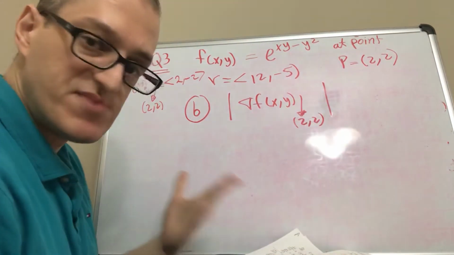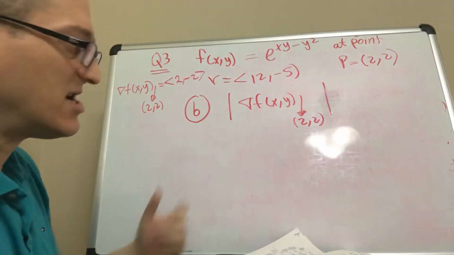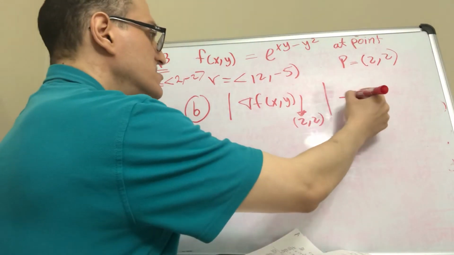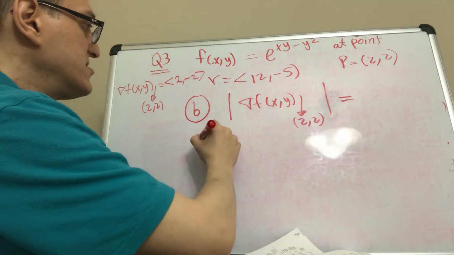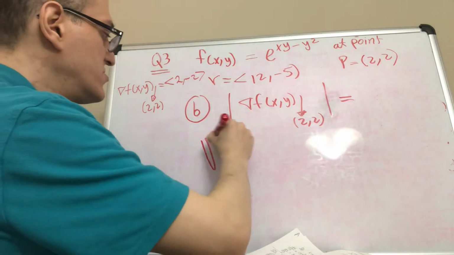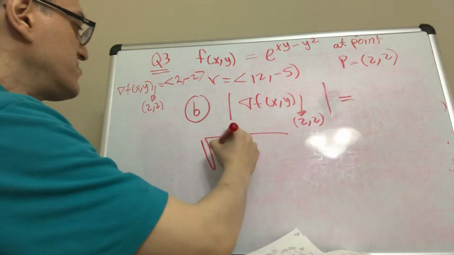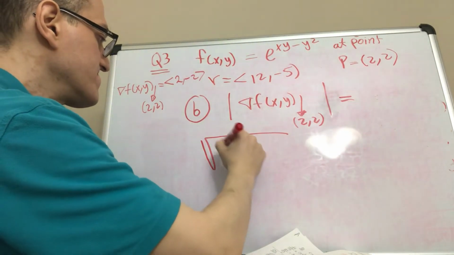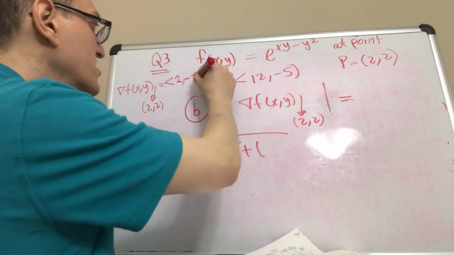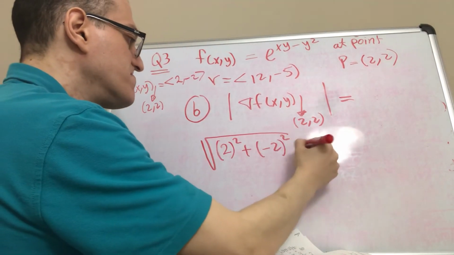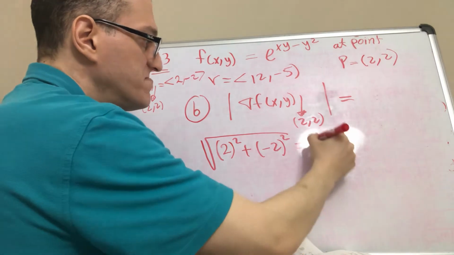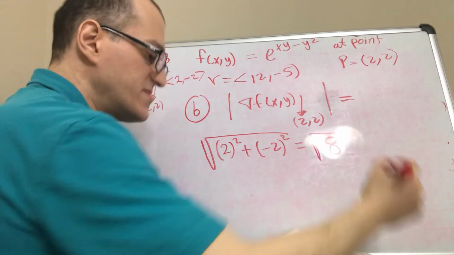And if they want the minimum, it's minus the absolute. So the magnitude in this case would be the square root of, you take this number squared plus this number squared. 4 plus 4 is the square root of 8.